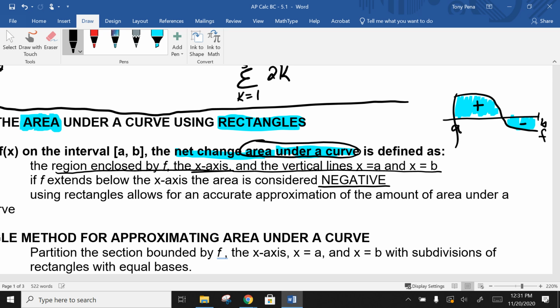Anything below, we're going to assign a negative value to it. Using rectangles, so now think about what that means. If I could start drawing some rectangles in here, we know how to find the areas of rectangles, so it wouldn't be exact because we're going to lose these little regions. But I could draw some rectangles in here and then, using those rectangles, approximate the area underneath our curve, knowing that we're going to lose a little bit of area in this instance, but that's why it's called an approximation, okay?